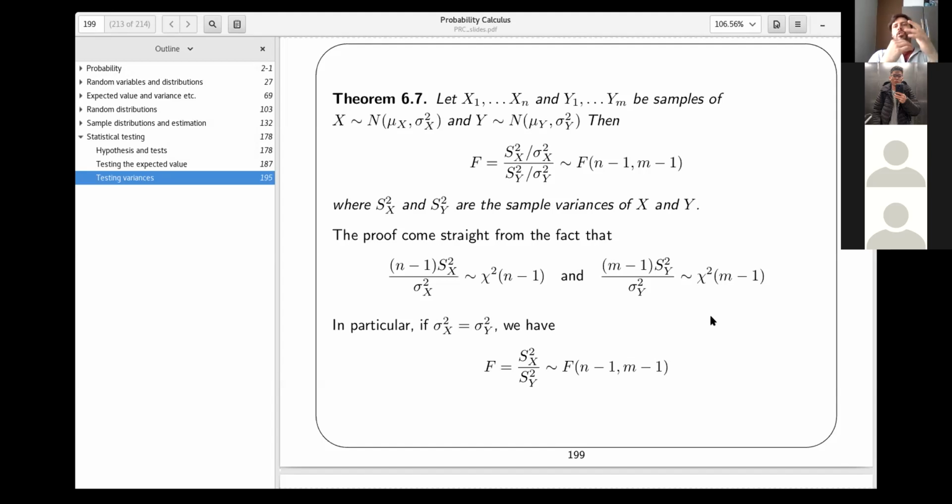So it's the proportion of the sample variances that has this F distribution if these variances are the same. And that's the way we can test sameness of variances.